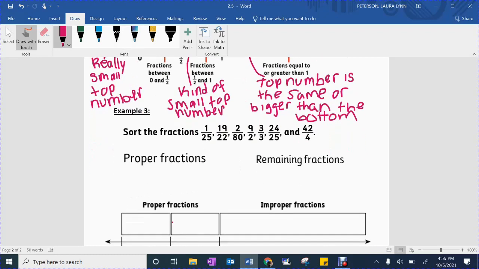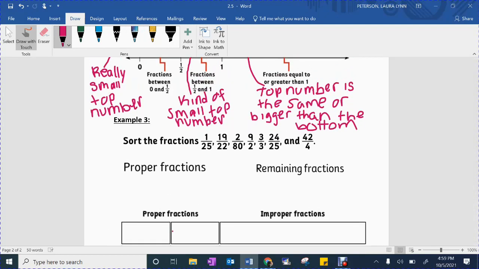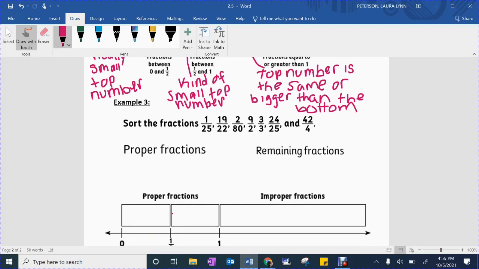With those little notes that we added, that's going to help us sort all of these fractions so that we can put them in their proper spots. So let's take each fraction and let's first decide if it's proper or not. And then we'll take that list and put them into the boxes below.